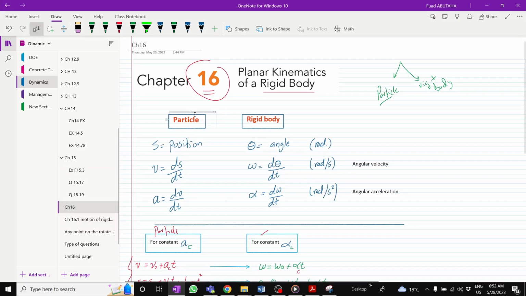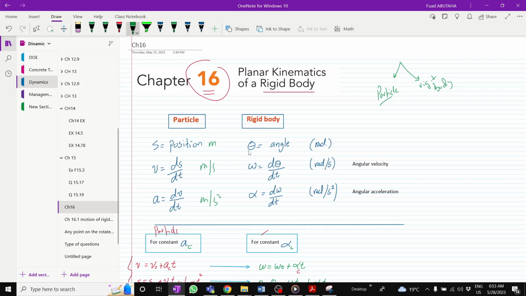So we have a particle and we have a rigid body. In the particles, from chapter 12 up to chapter 15, we were discussing position, velocity, and acceleration. Position was in meters, velocity is meters per second, and acceleration was meters per second squared. Now for the rigid body, we start having similar quantities. S stood for the position and a stood for the acceleration.